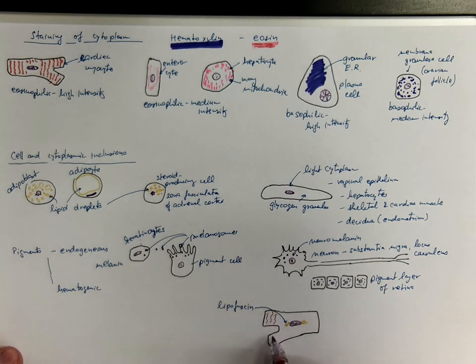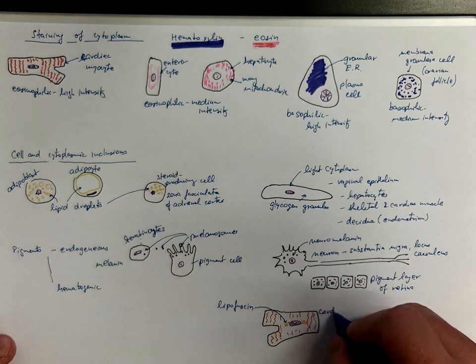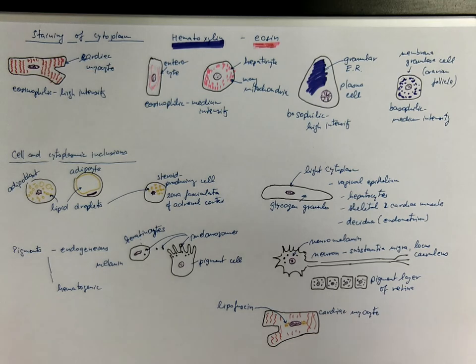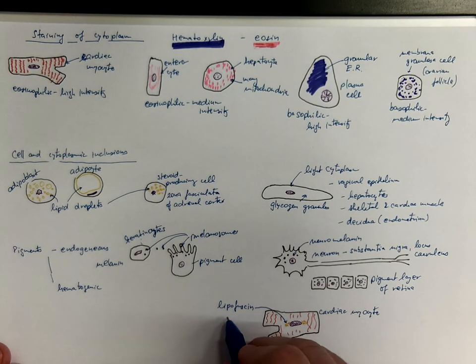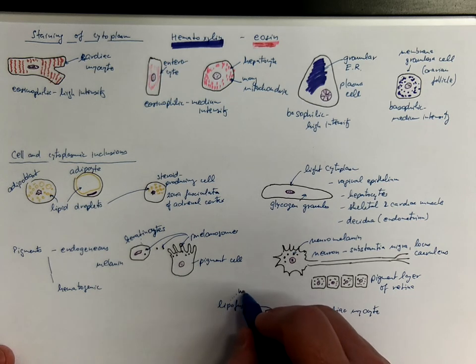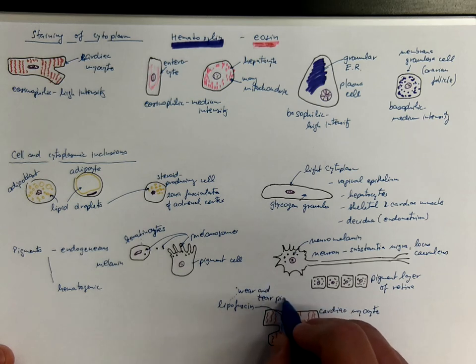So this will be the cross striation of the cardiac myocyte. And there is a nickname for lipofuscin, it's called wear and tear pigment.